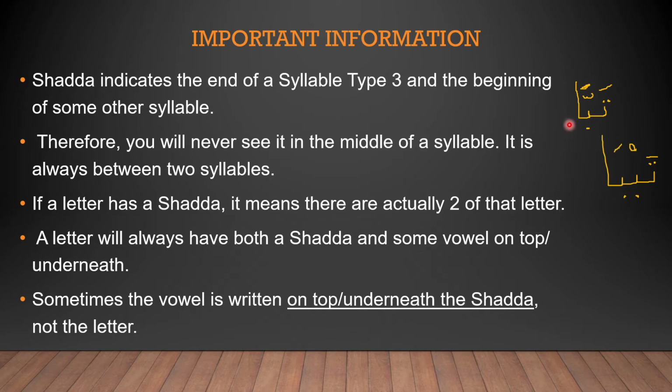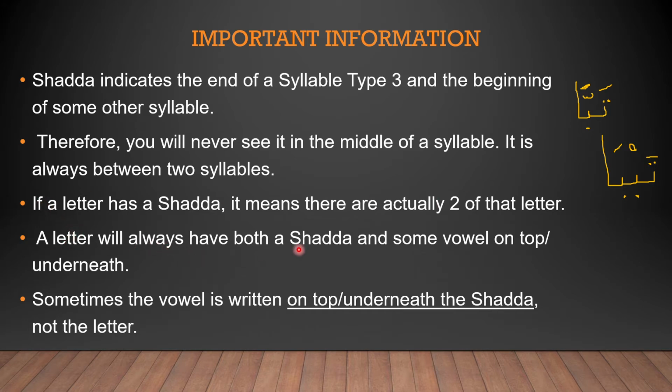This is same as this, right? There is practically no difference between this and this. They're both tabba. So what it means is there are actually two of that letter. There's only one ba and then another ba. But in Shadda, we minimize it and only make it one. It's understood that there are two in that letter.